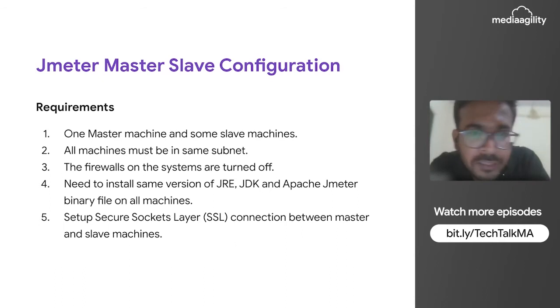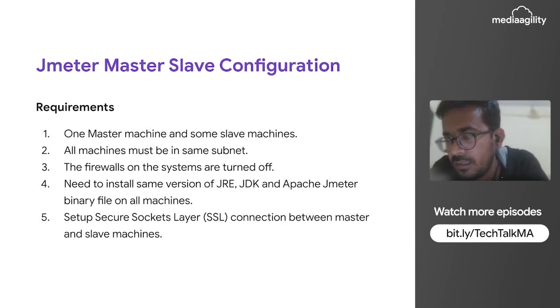Here are the basic requirements which we'll need for JMeter master slave configuration. We are using Google Cloud Platform to get multiple machines. We will initiate multiple Compute Engine VMs, and among them one will act as our master machine, and the others will act as our slave machines.